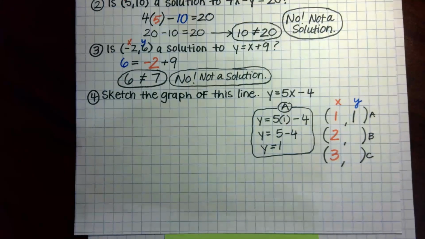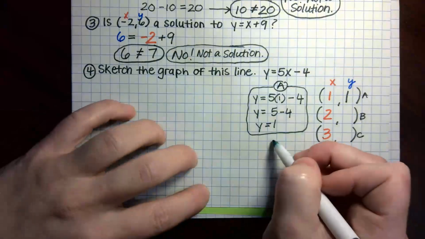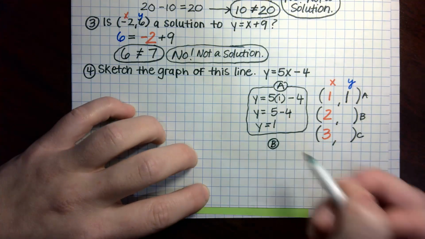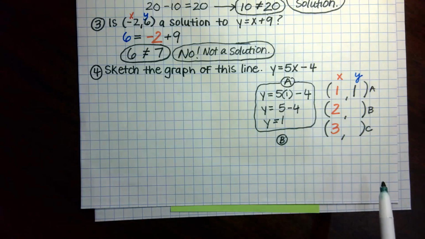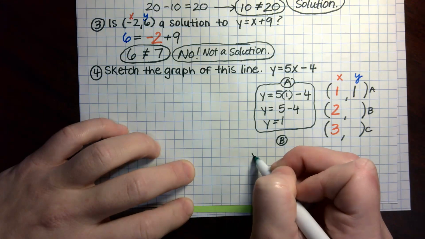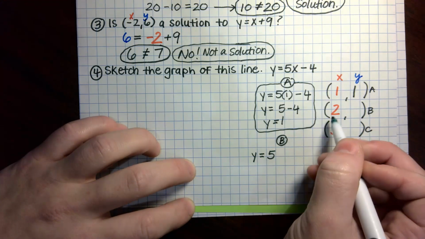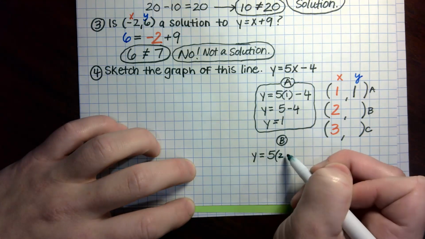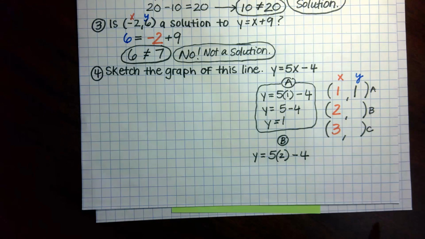Okay, let's go ahead and solve for point B. I'm going to make another little B. And we decided for B, our x is going to be 2. So let's rewrite the equation. Got y equals 5 times x, which is going to be 2, minus 4. All right, now what do I do here?